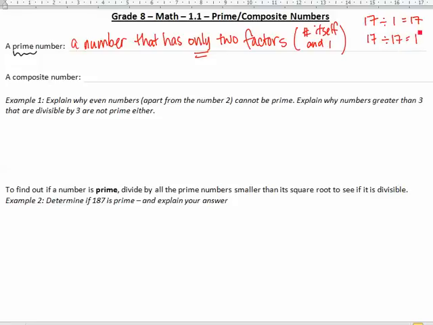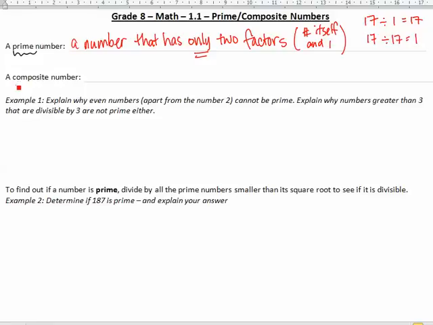If you remember from grade 7, the factor rainbow, 1 and 17 are pairs because 1 times 17 is 17, or 17 times 1 is 17. So it's its own pair. And there are no other numbers that can divide evenly into 17. So 17 divided by 2 does not give a whole number, 17 divided by 3, etc.